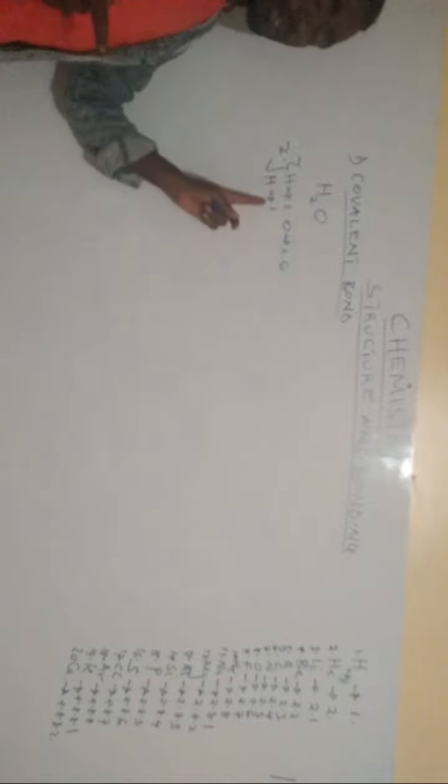So what we do here, they are 2, look at these. Being 2, each hydrogen is donated 1 electron by oxygen, so the 2 needed here can be needed here as well.